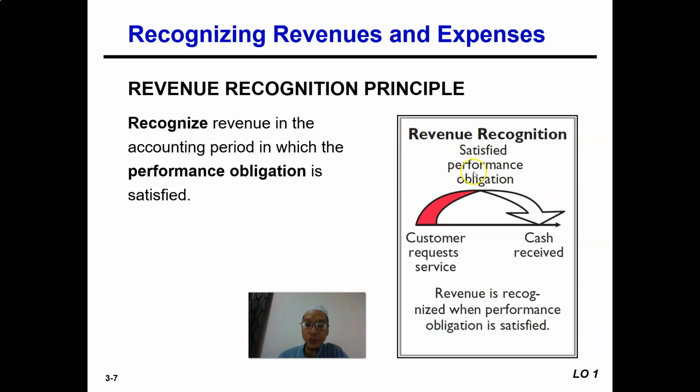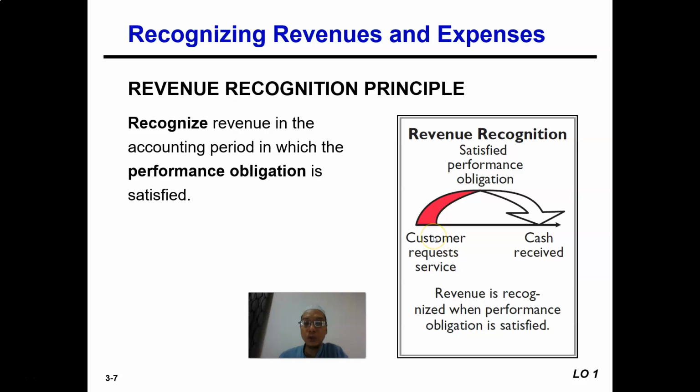Let's say the customer requests service in January, we satisfy our obligation in February, but the customer pays in March. So when should we recognize the revenue? Based on the revenue recognition principle, we should recognize the revenue when we have satisfied the performance obligation, when we have rendered the service, or when we have sent out the items.